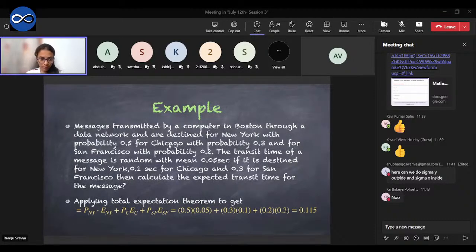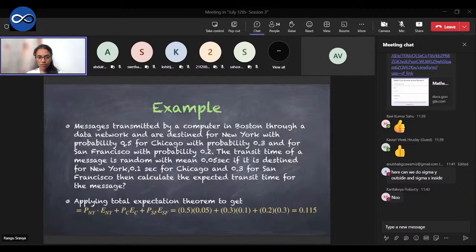We'll look at the solution. Applying the total expectation theorem, we need to find the expected value of transit time given it is destined for New York, into the probability of New York. Similarly for Chicago and for San Francisco. So what is the expected transit time given it is destined for New York? It is 0.05, right?